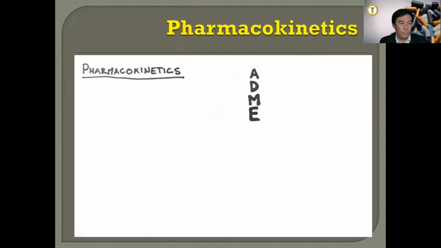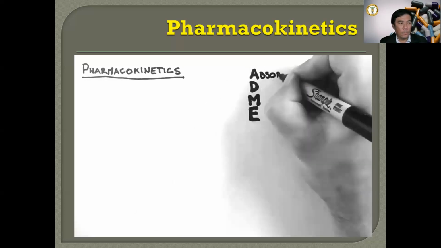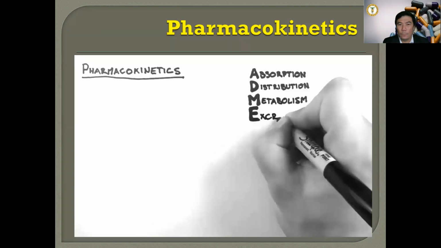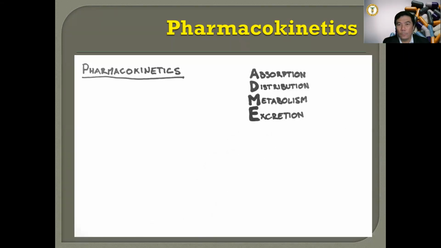A-D-M-E. This stands for absorption, which is how the drug gets into the body. Distribution, which is where the drug goes to in the body. Metabolism, which is how the body chemically modifies the drug. And finally, excretion, which is how the body gets rid of the drug.